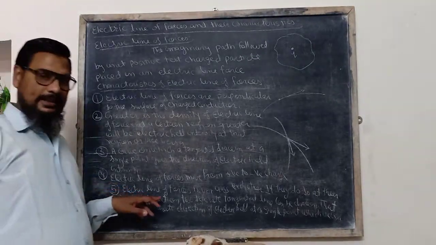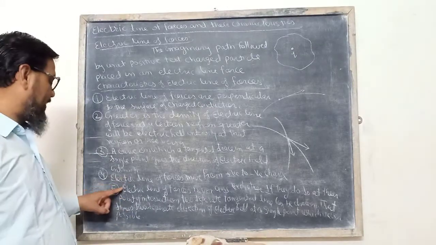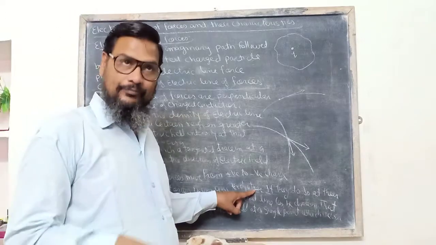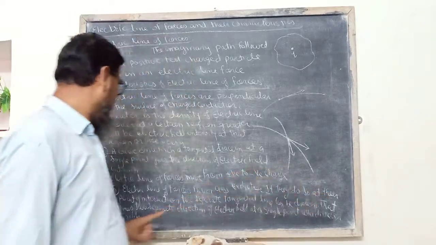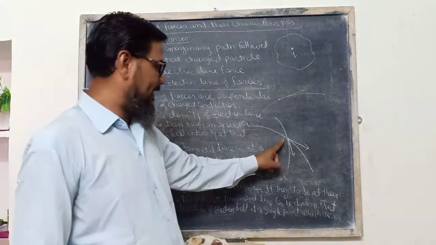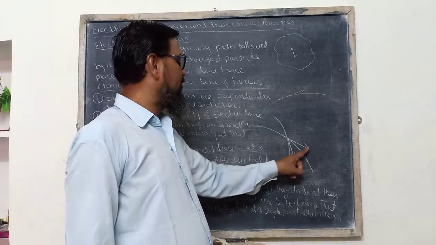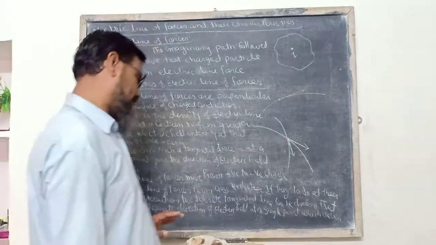This is also an important question in CBSE board, that electric line of forces never cross each other. Why? The answer is, if they do so, at their point of intersection two separate lines can be drawn, and that shows two separate directions of electric field at a single point, which is never possible.